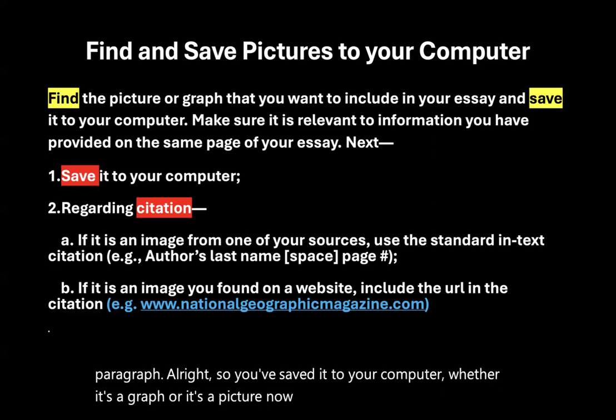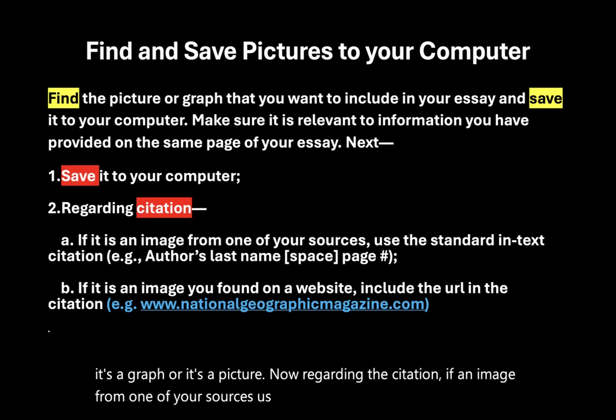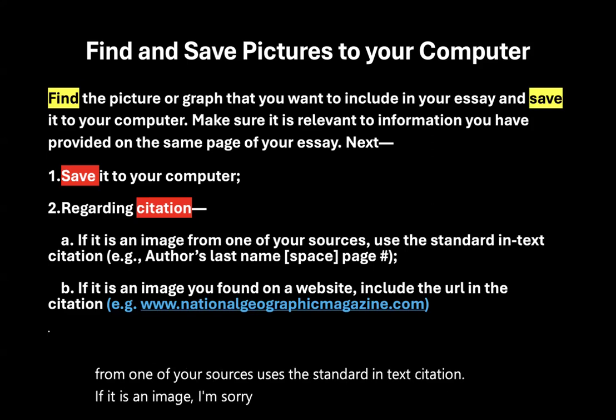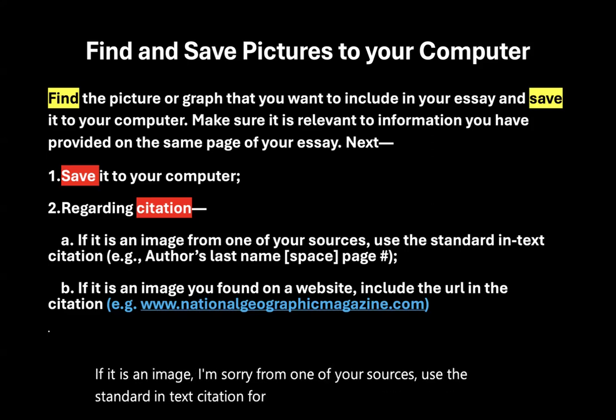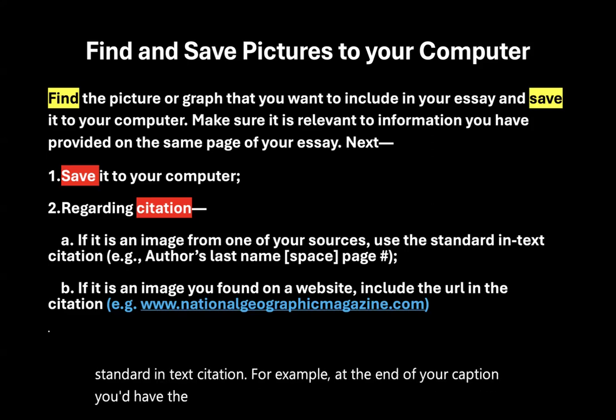Now, regarding the citation, if an image is from one of your sources, use the standard in-text citation. For example, at the end of your caption, you'd have the author's last name and then a space and the page number.